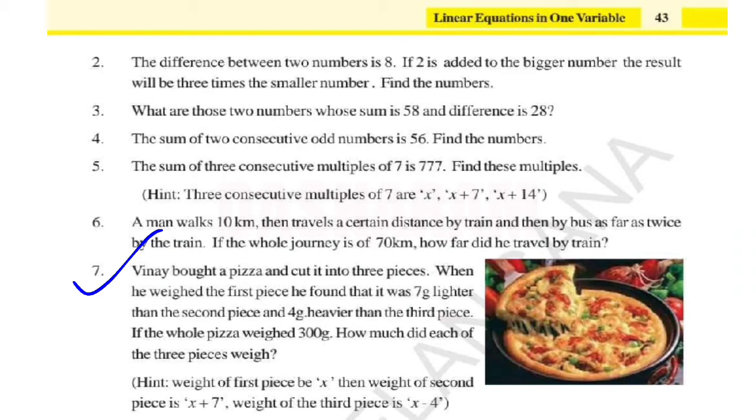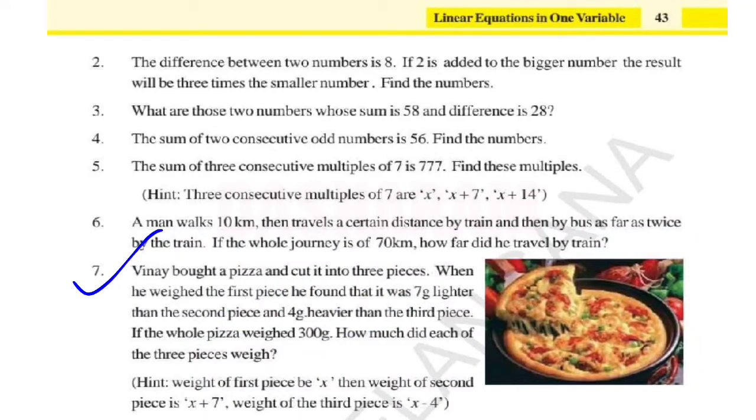When he weighed the first piece, he found it was 7 grams lighter than the second piece and 4 grams heavier than the third piece. See here, the first piece is related to the second piece and third piece. So it is not as simple as you are thinking.